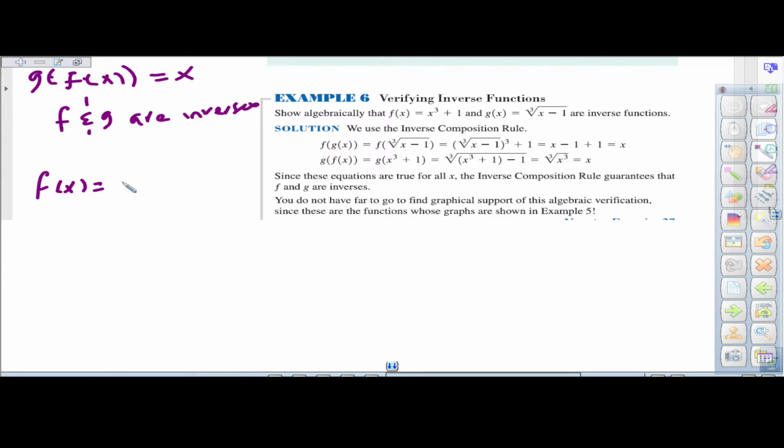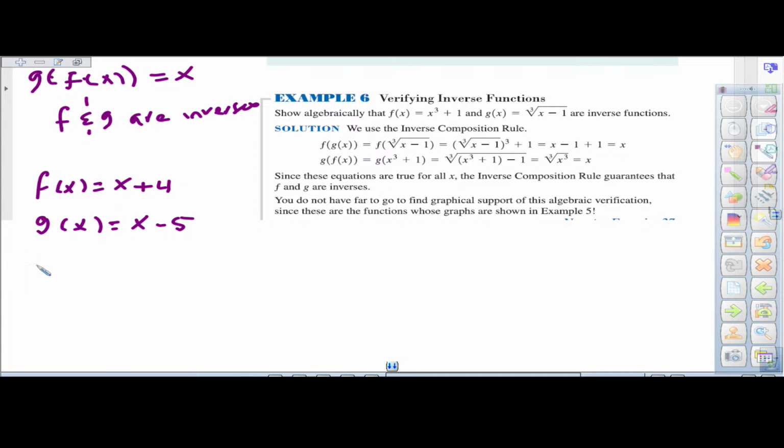Let's say I have my f of x equals x plus 4, and the g of x is, let's say, x minus 5. I just made this up. So we've got two functions here, and we're asked if these two are inverses.